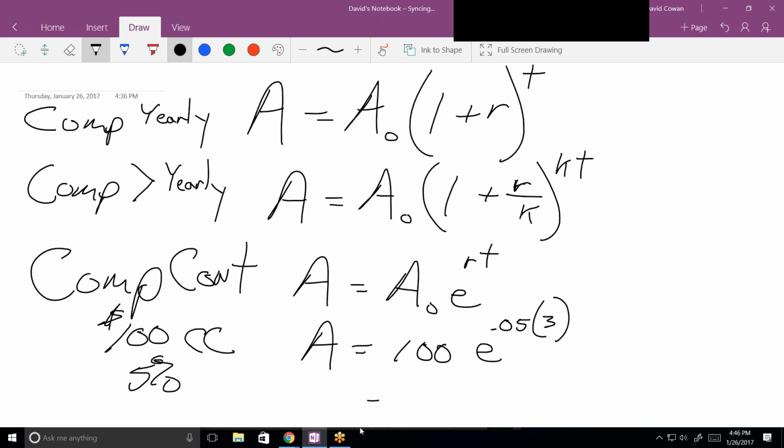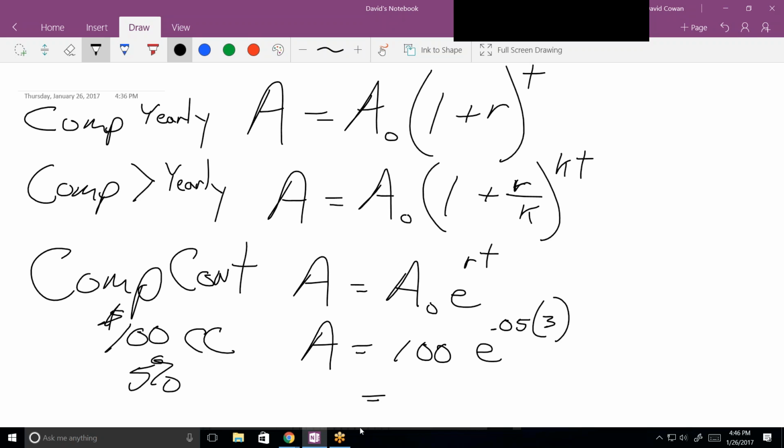And if you do this one, you'll get something just barely bigger than 116, because continuous compounding is better than monthly compounding, which is better than quarterly compounding, which is better than yearly compounding. But it is a very different looking formula. The second formula here is very similar to the first. I'm just dividing the interest rate by K and multiplying the T by K. But continuous compounding is quite different.